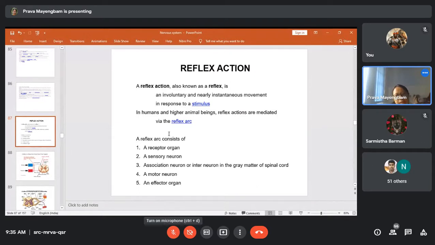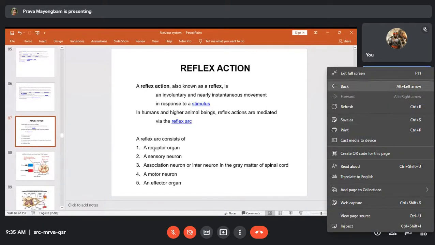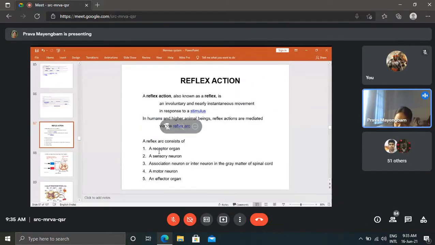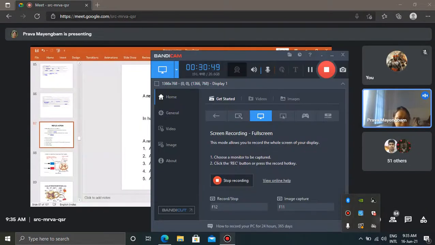So this reflex arc consists of a receptor organ, a sensory neuron. This receptor organ has to sense some stimulus, and this stimulus will be sensed by a sensory neuron.